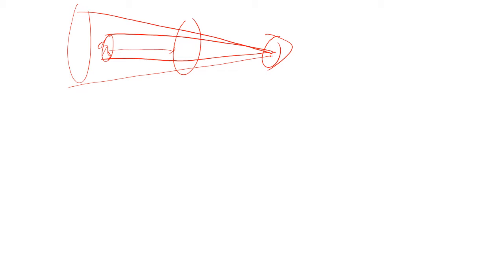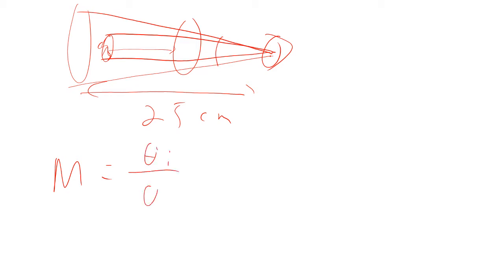So what you want is for the image to look as close to you as possible. You want the image to look like it's at 25 centimeters. The magnification of your magnifying glass is going to be the angular size of the image divided by the angular size of the object.